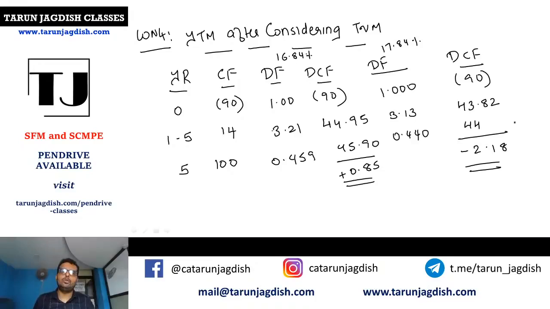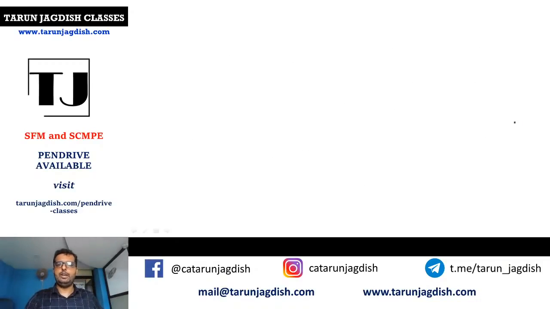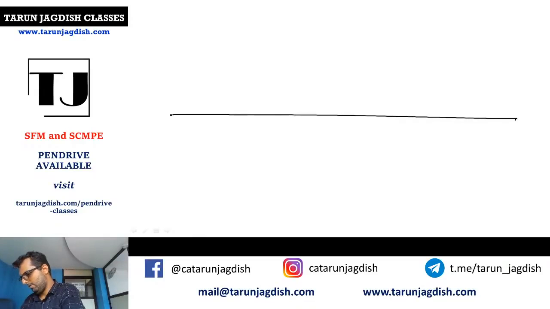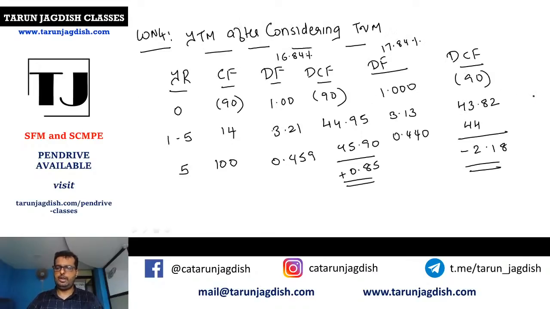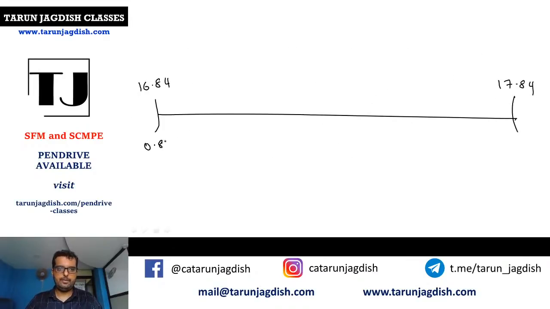Now based on this, I have to go and find out the IRR. So I will now use interpolation. Friends, let me do that, after which I will give you time to solve it on your own. All right, friends, to find out interpolation, I'm having 16.84 and then I'm having 17.84. 16.84 is plus 0.85 and 17.84 is minus 2.18.